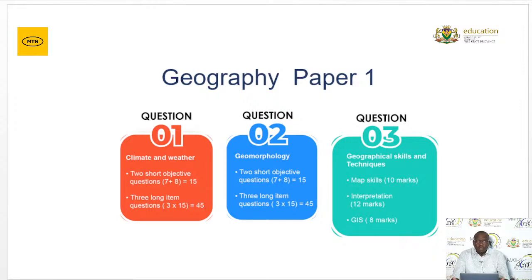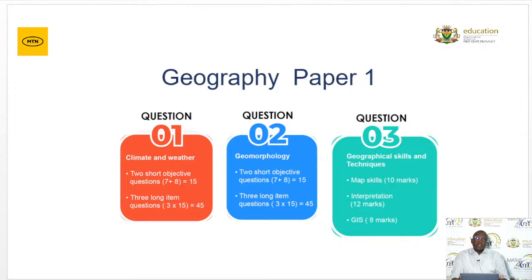Or in gradient, a question might be, is the answer that you got from that gradient steep or gentle? And you must be able to provide a reason from inside the map why you say steep, so that it becomes clear in terms of explanation. And then the other one is interpretation, which is 12 marks.